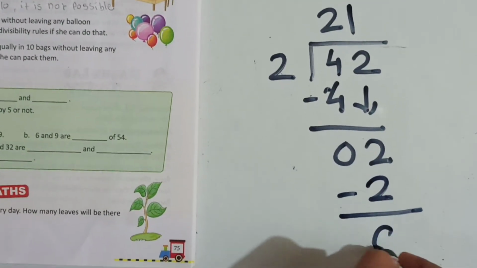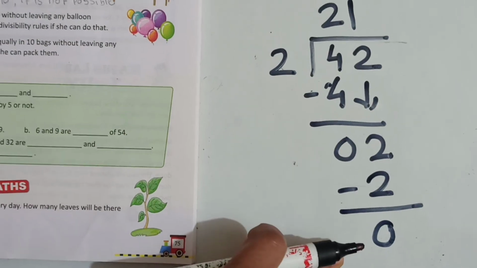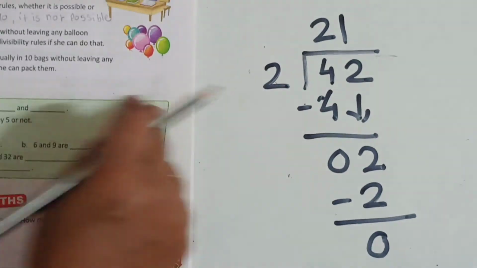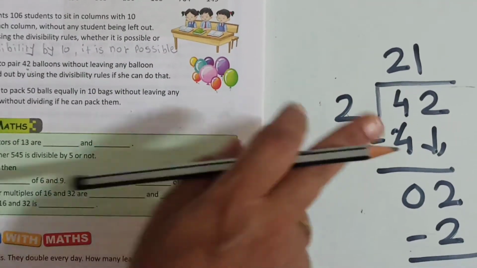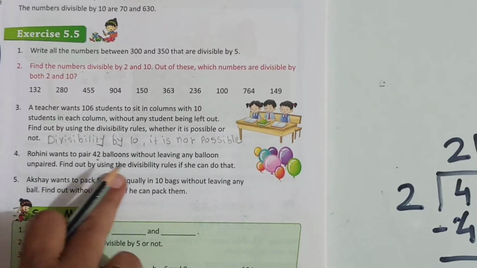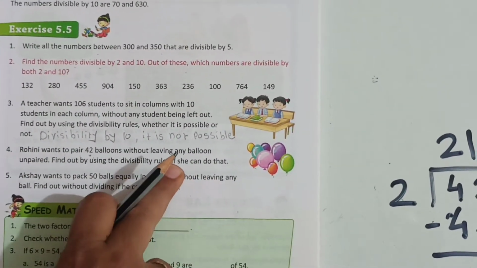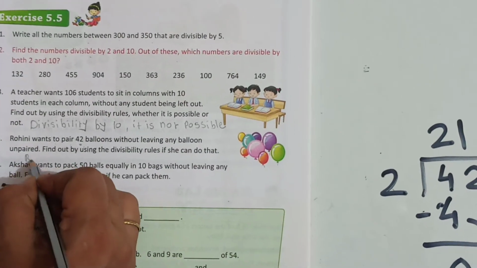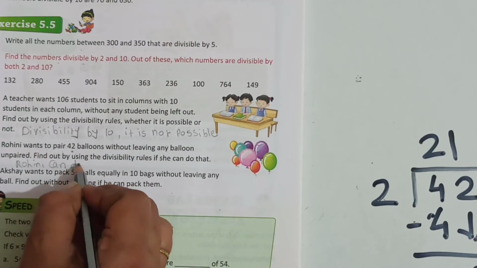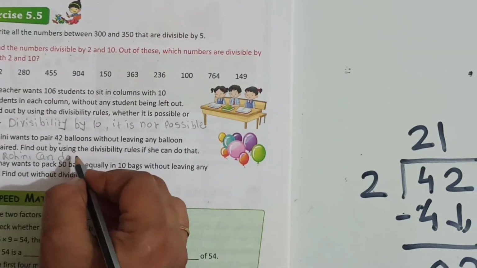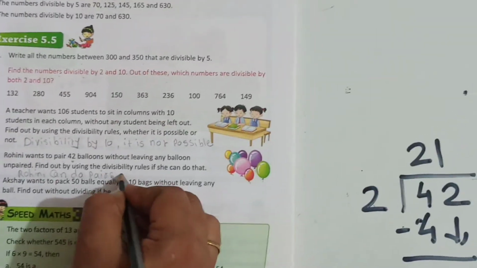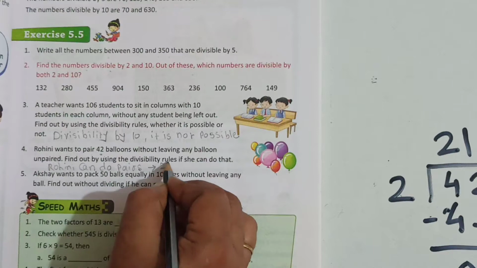And see here, the remainder is 0. Means here we have to use the divisibility rule of divisibility by 2. So she can do it. Rohini can make pairs. How many pairs? 21 pairs.